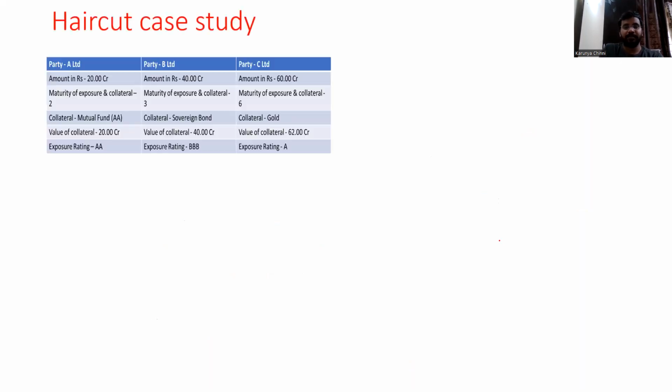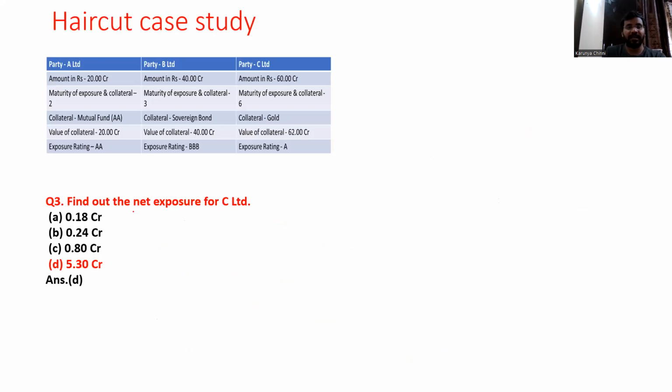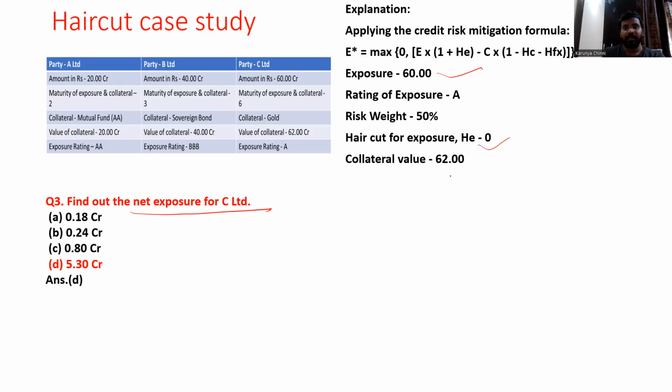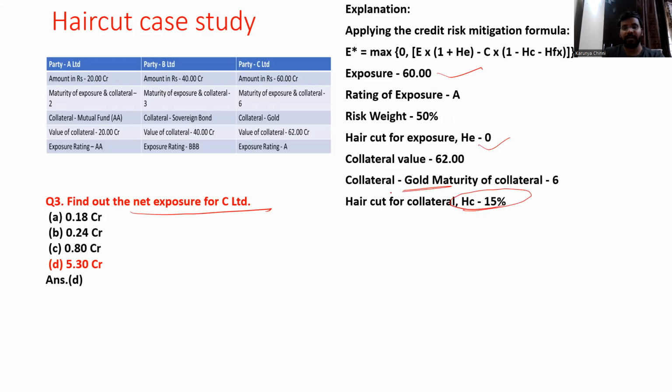And next example. He's asking us to calculate for company C. For company C, what is the loan amount? 60 crores. And what is the haircut for gold? Haircut for gold is 15%. This we have to remember. Now we'll calculate first E star, that is loan amount 60 minus 62 into 0.85.